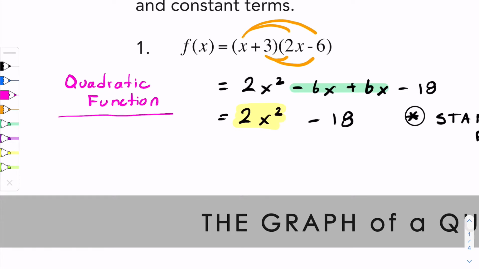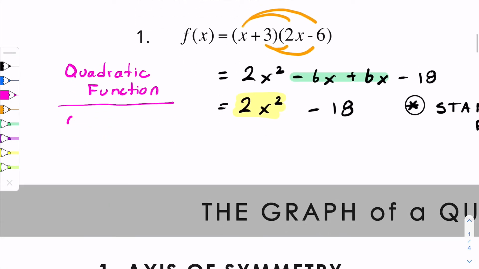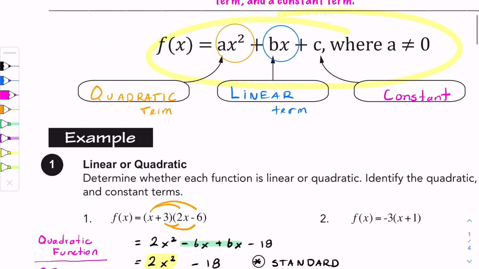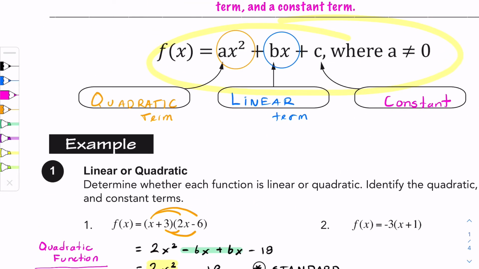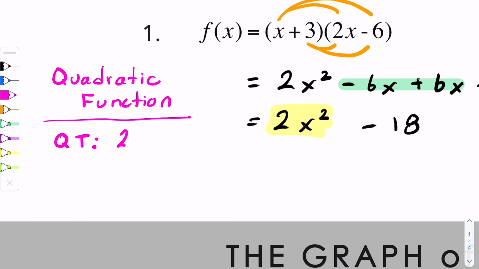And within the quadratic function, we need to list each term. I'm going to abbreviate my quadratic term as QT. And recall that the quadratic term is the squared term. So right here, that's my quadratic term. It's 2x squared.